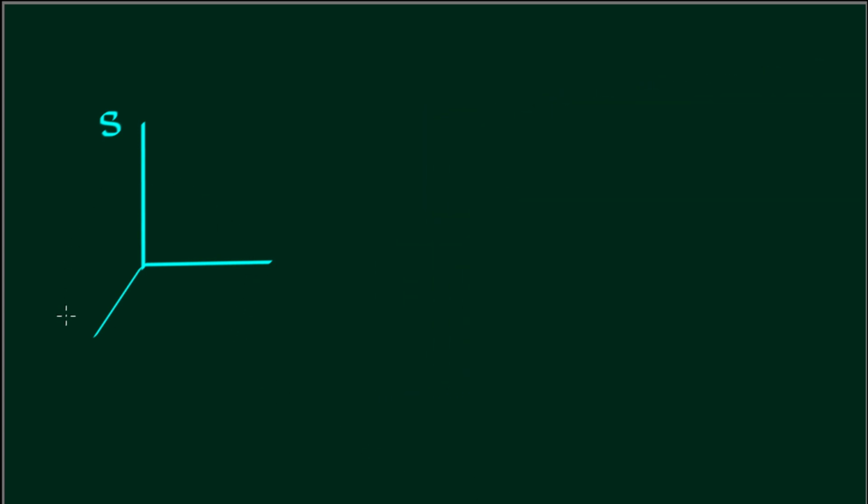Suppose there is a frame of reference which we'll call S. This is a coordinate system which I have set up in an inertial frame. And let's say we have an accelerating frame, which we'll call S prime.